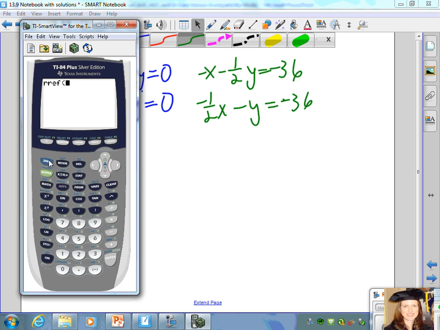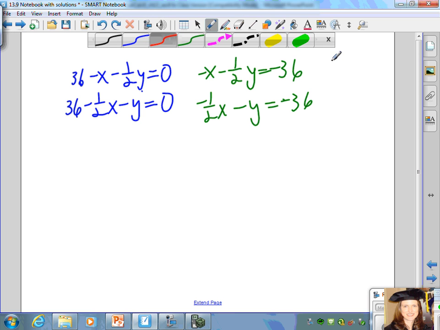Okay, reduced row echelon form of the matrix that we edited to find the solution to the system of equations. In this case, the matrix, when you reduce it, you get 1, 0, 24 and 0, 1, 24. So that means x is equal to 24 and y is equal to 24. So we can go back to our original formula.